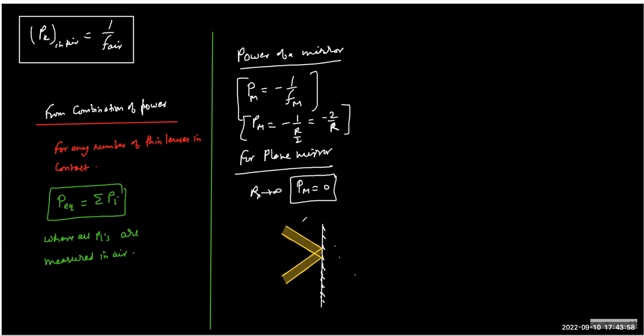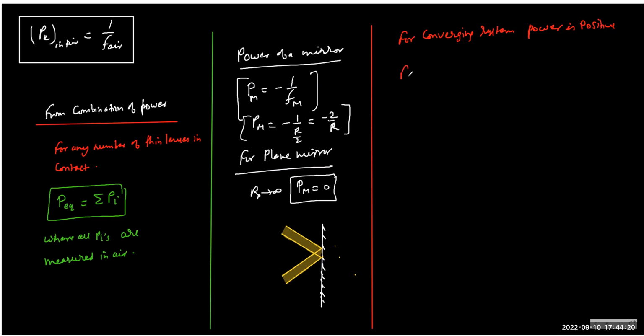So there are two types of power: converging power and diverging. So we can add for converging system. So for diverging system, power will be negative.